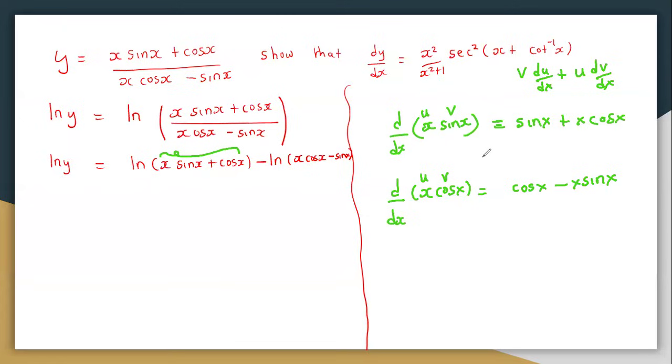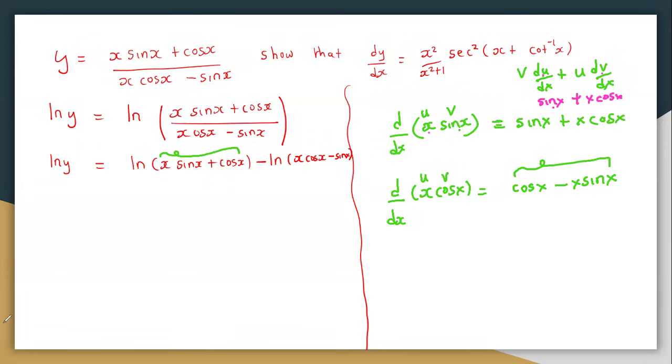What about the second one? Okay, even the second one. So members, in case you are not getting this, then check out. Remember, for this one, your V is sine x. So here you put your sine of x. V, sorry, V is the sine x. Du dx, your u is x. When you differentiate x, you get 1. Then plus x, when you differentiate V, you get cos of x.